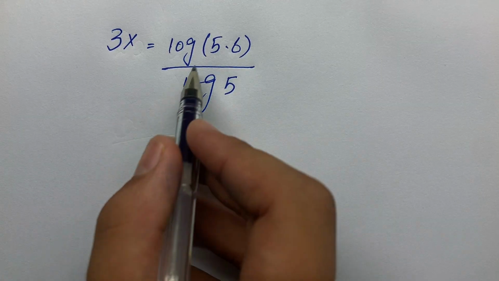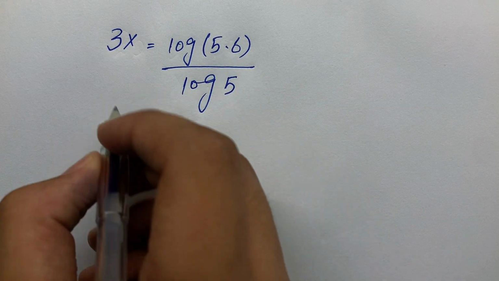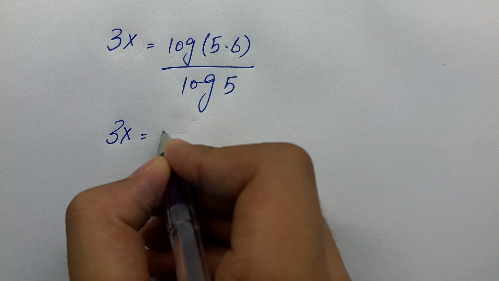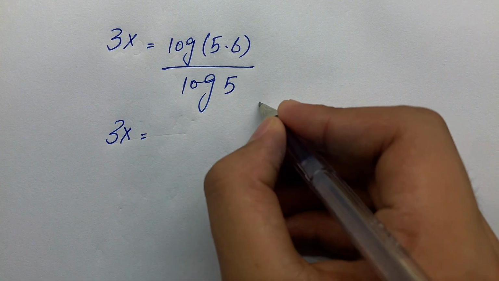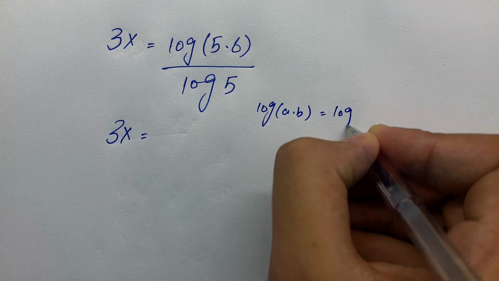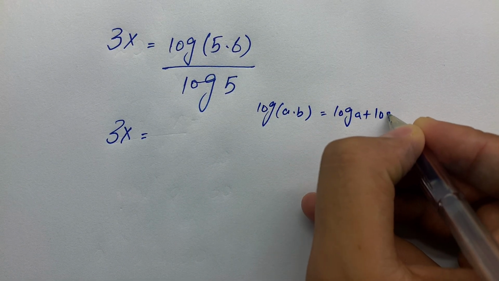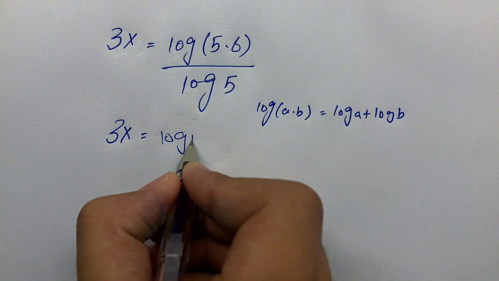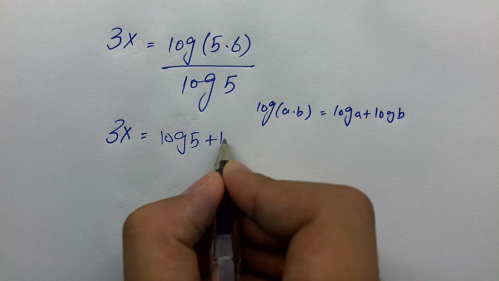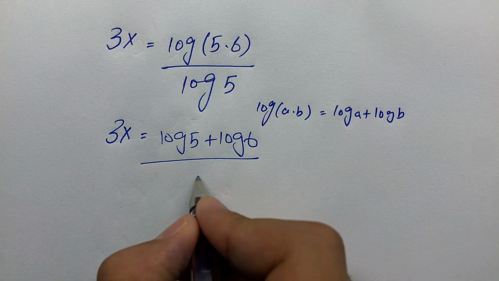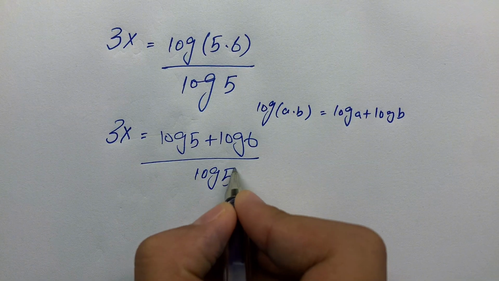Now in the next step, we solve log of 5 times 6. As we know that log of a times b is equal to log of a plus log of b, we are using this formula here right now: log of 5 plus log of 6, divided by log of 5.